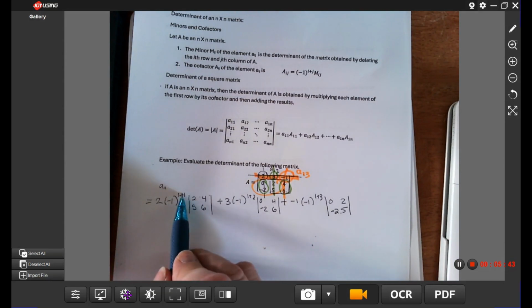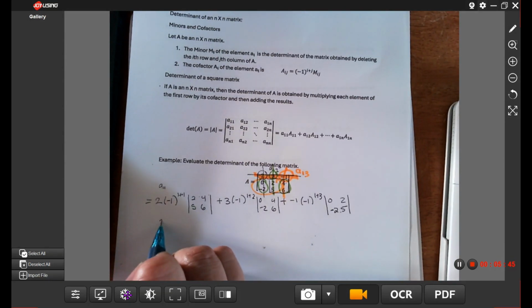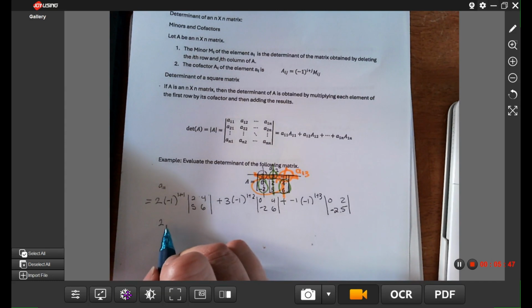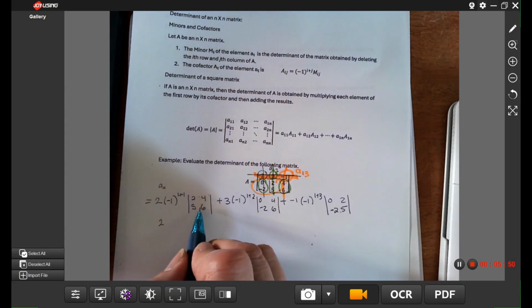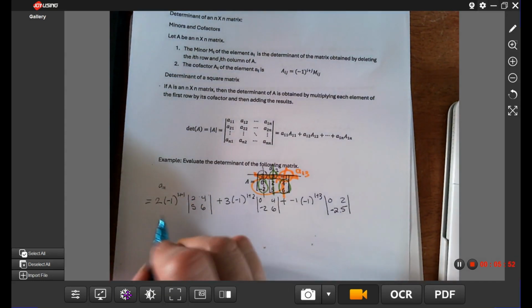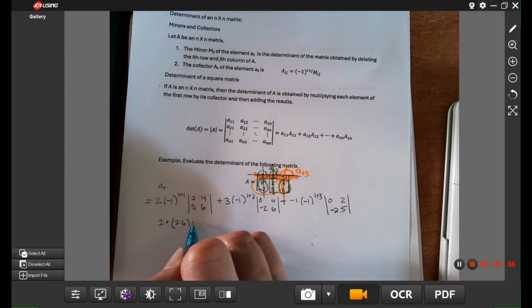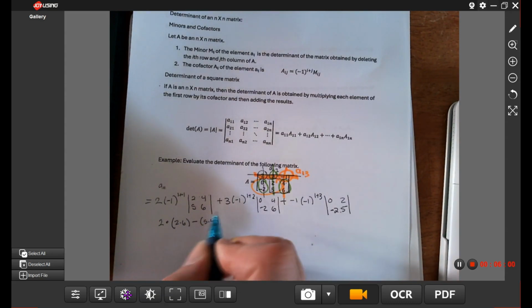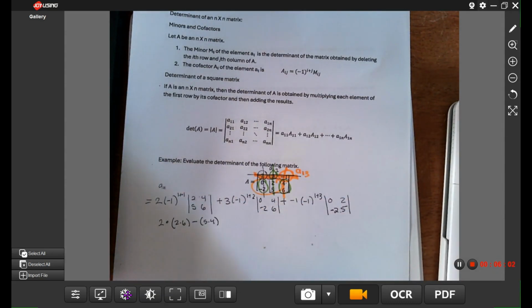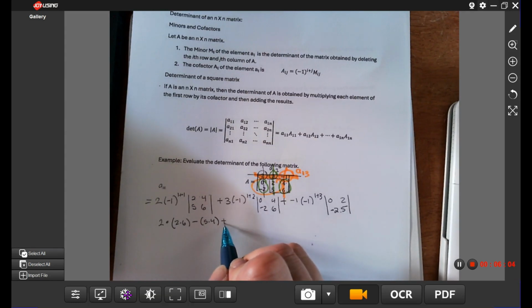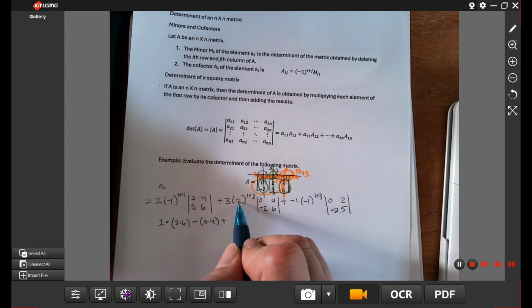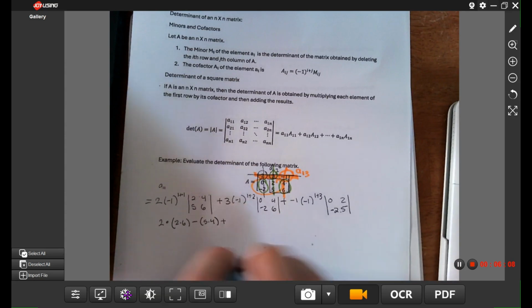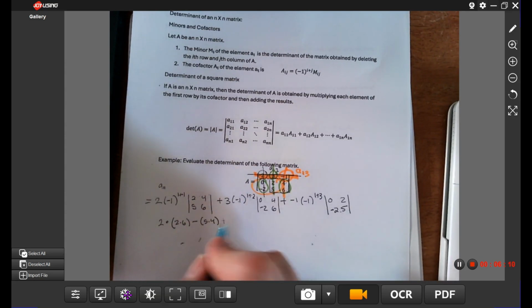Negative 1 to an even exponent is positive 1, so this is a 2. And then to take the determinant of a 2 by 2 matrix I do 2 times 6 minus 5 times 4. I'm going to do it out and I'll just go down. Plus negative 1 to an odd exponent is negative, so this is going to be negative 3.